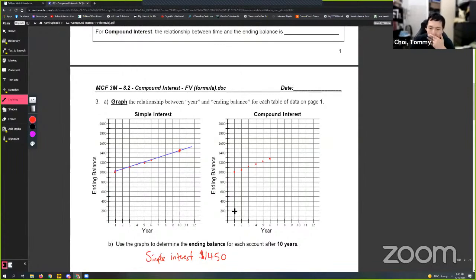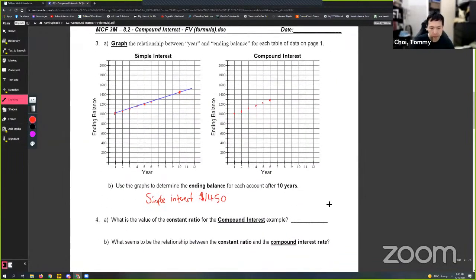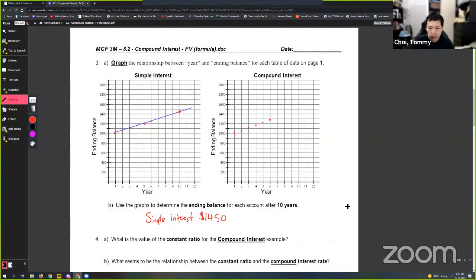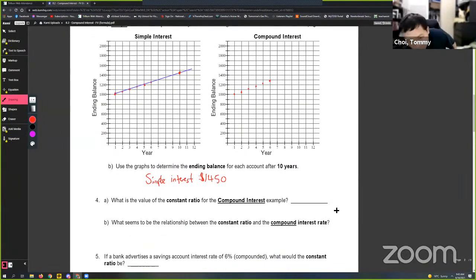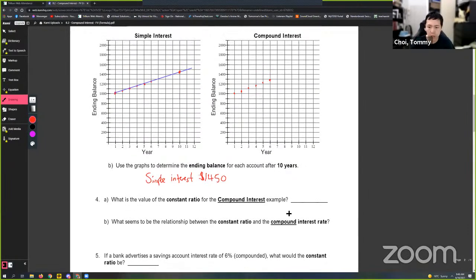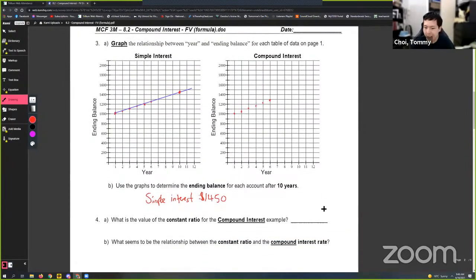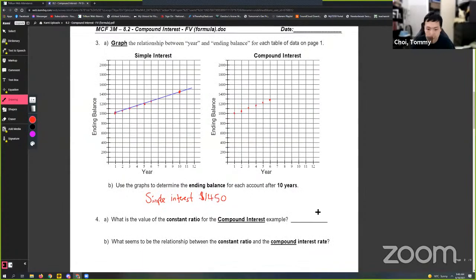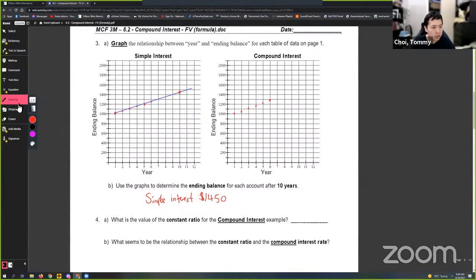Okay. For compound interest, it's a little bit harder, right? But the ratio that's going to be consistent for compound interest is, sorry. What is the value of the constant ratio for the compound interest example? And what seems to be the relationship between the constant ratio and the compound interest rate? Well, we are adding the 0.06, the 6%. It's always the same, right?